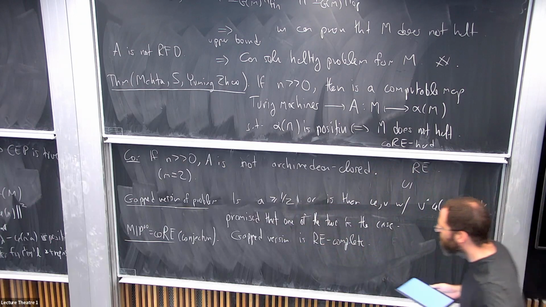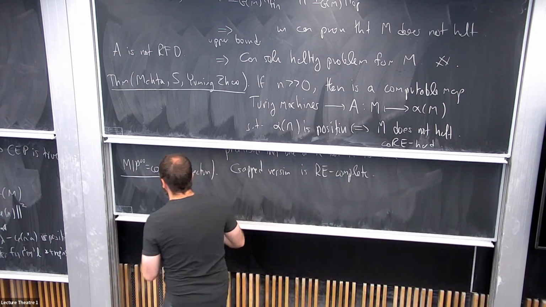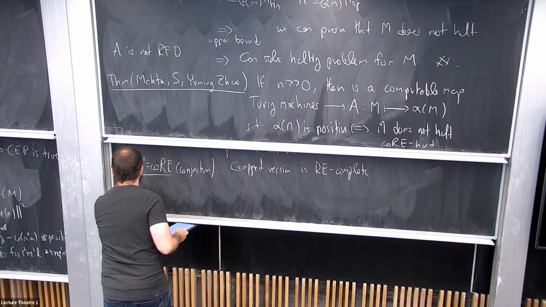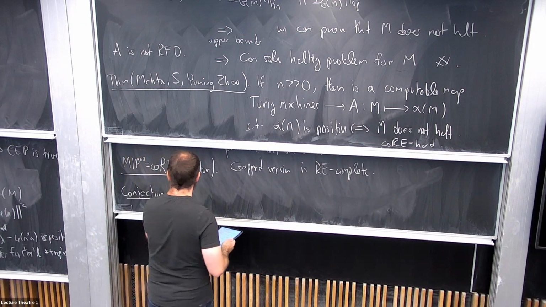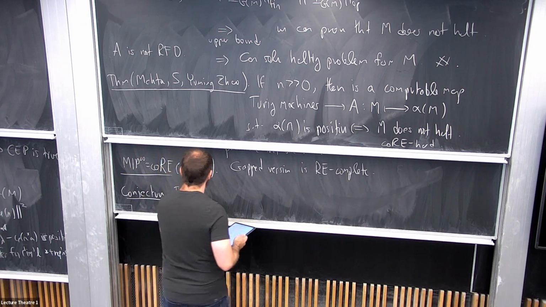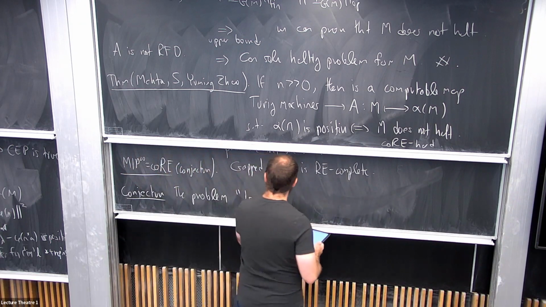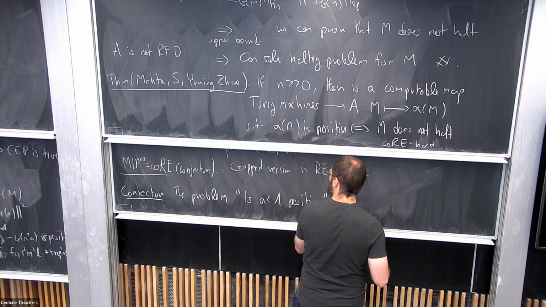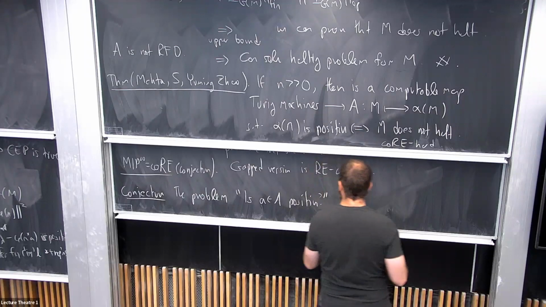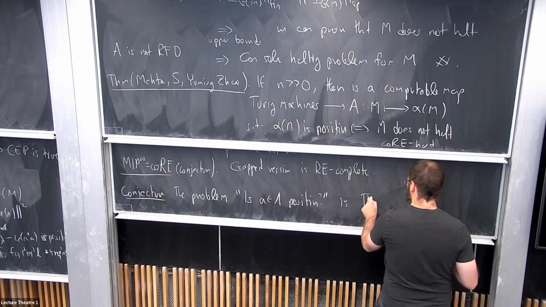In fact, it leads to the following conjecture that we made, which is that the problem of whether A, being this product algebra, is positive is pi 0, 2 complete.